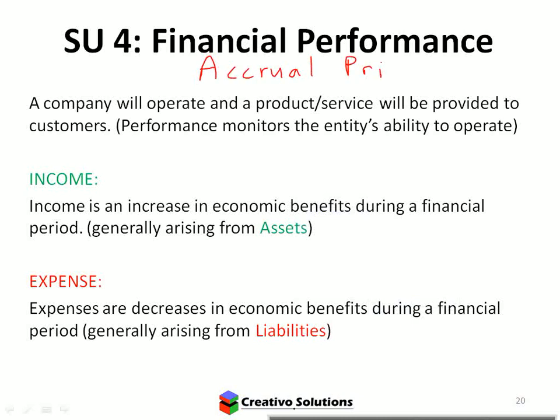Accrual principle. I'll show this to you. This is on page 20. So what is the accrual principle? You can read the paragraph if you want to, but I'm going to just explain it to you simply. You guys are running a business and you are running a law practice.